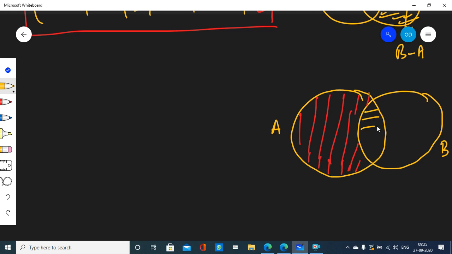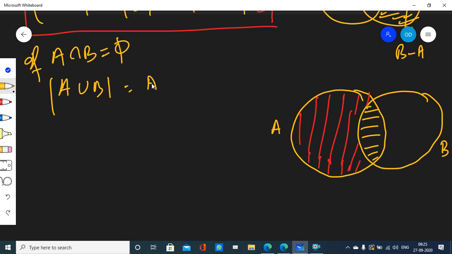You see, just before we had also derived a formula for cardinality of A union B. That was cardinality of A plus cardinality of B. But that was a specific case. Only when the intersection was phi is cardinality of A union B equal to cardinality of A plus cardinality of B. But is it always necessary that A intersection B will be phi? No.